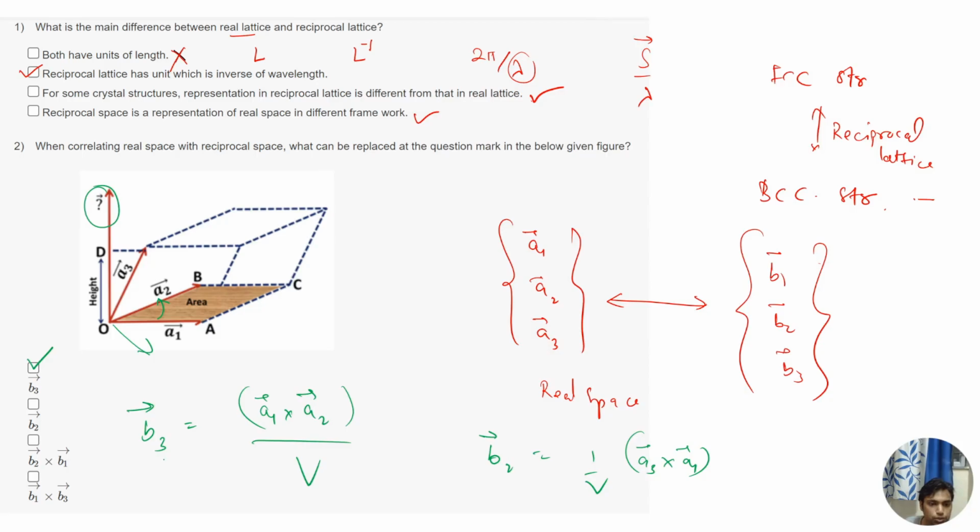And b2 cross a1 will be along a3, which is not true, and b1 cross b3 will be along a2, which is also not true. So this question mark, the axis along OD, has to be along a1 cross a2, which is nothing but your b3.